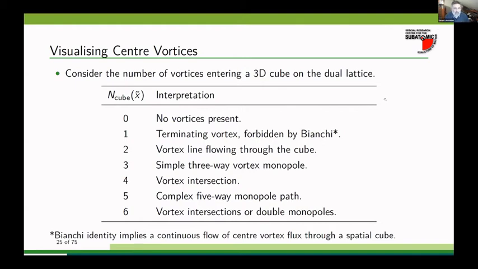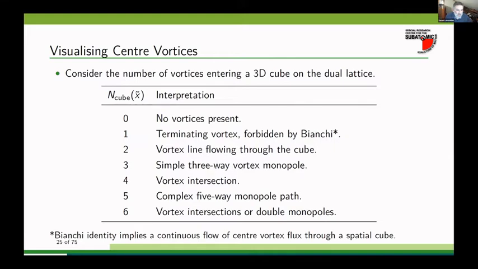Maybe it's interesting to try and quantify the kinds of things that we've seen. So if you think about the number of vortices entering a 3D cube on the dual lattice, one possibility is there's none, so there's no vortices within that dual cube. You could have a terminating vortex, but that's forbidden by the Bianchi identity. So if you see that, you've got an error. You can have 2, which is just a vortex line flowing through the cube.